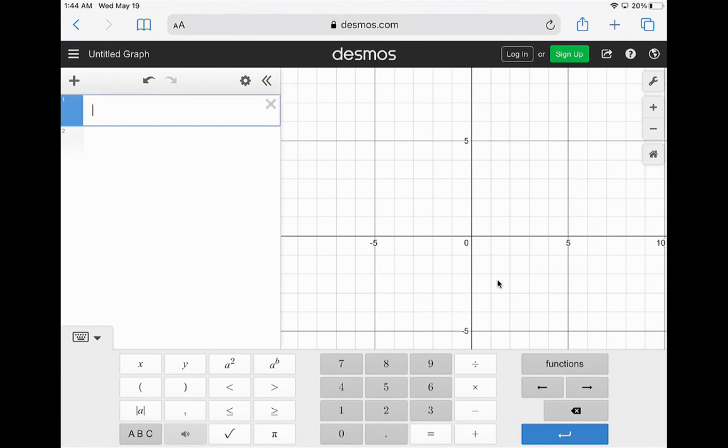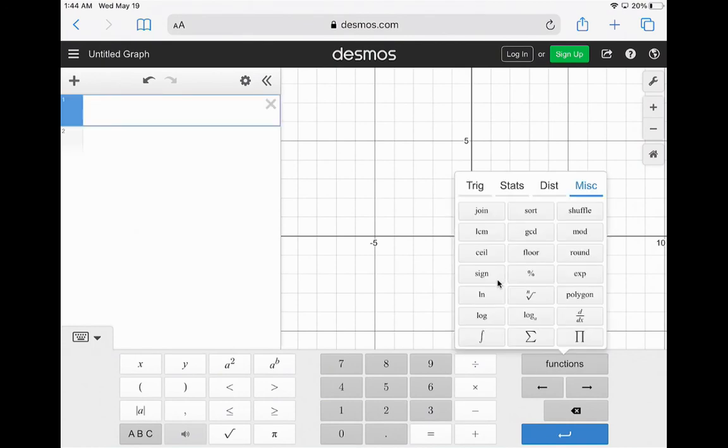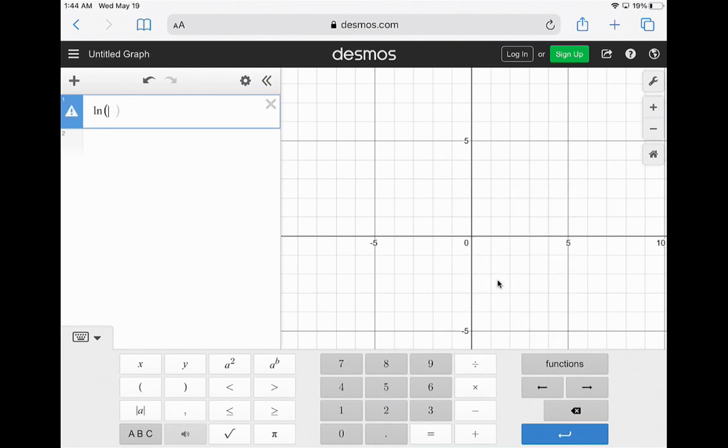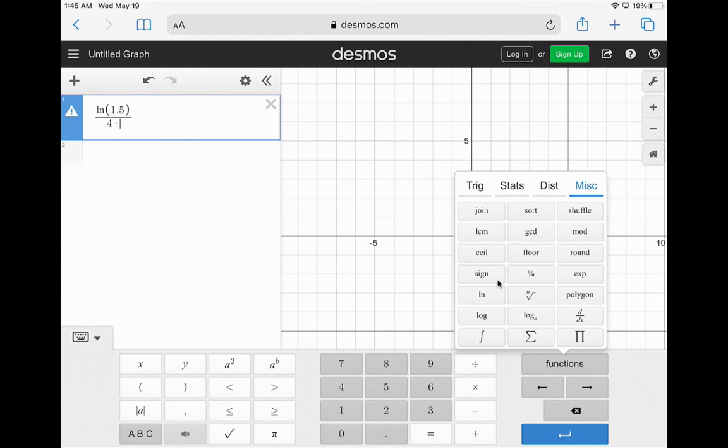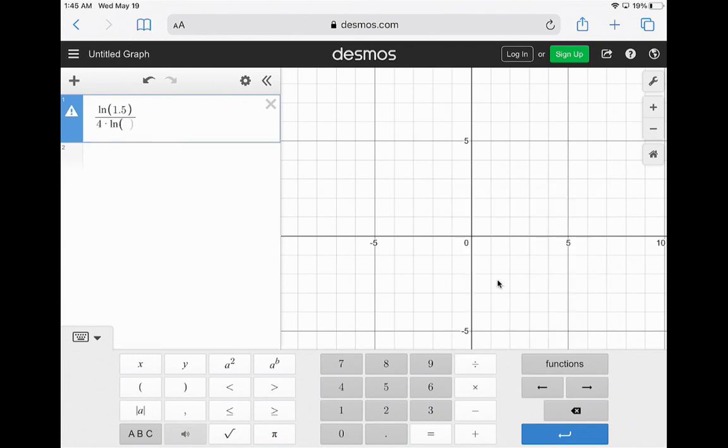So I told you we're going to take the natural log. So again, functions, the natural log of 1.5. And then we're going to divide that by 4 times the natural log of 1.009.